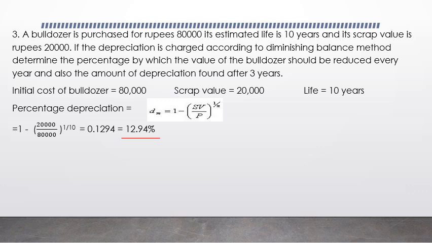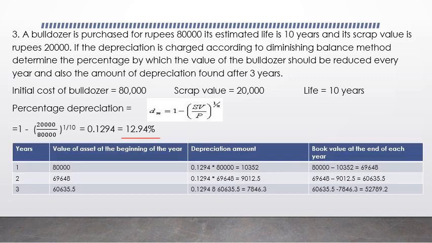So what is the first year's depreciation? Apply the table. 12.94% of 80,000, some amount you will get, subtract that from 80,000, you will get 69,648. That comes out to be book value at the beginning. 12.94% of that will be the depreciation amount during second year, subtract from 69,648, that is the book value at the end of second year.